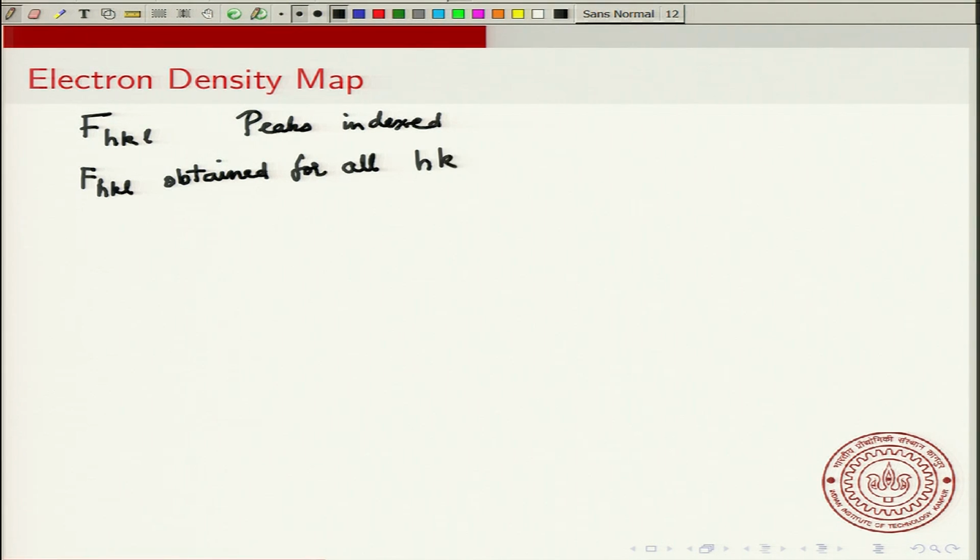Now, how do you get the atomic coordinates? How do you get the atomic coordinates from this? You know HKL, and you know the f of HKL. So, how do you get the atomic coordinates?